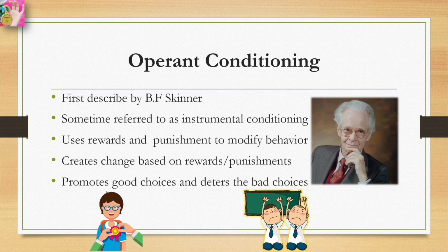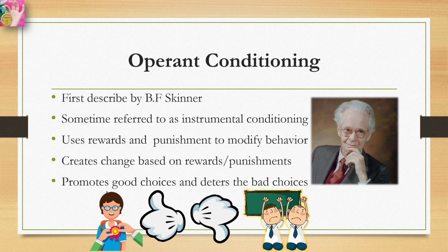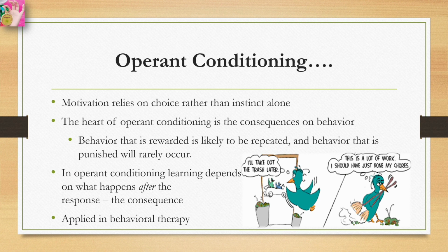And it creates change based on rewards and punishments. The main purpose of operant conditioning is to promote good choices and deter bad choices. Motivation relies on choice rather than instinct alone.